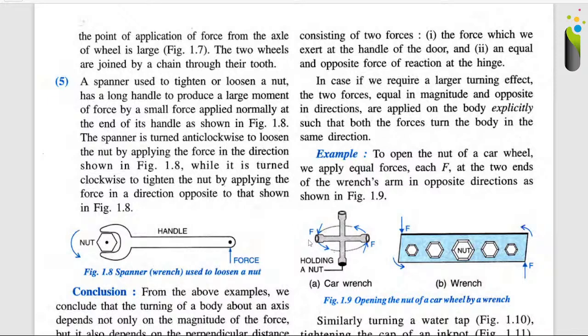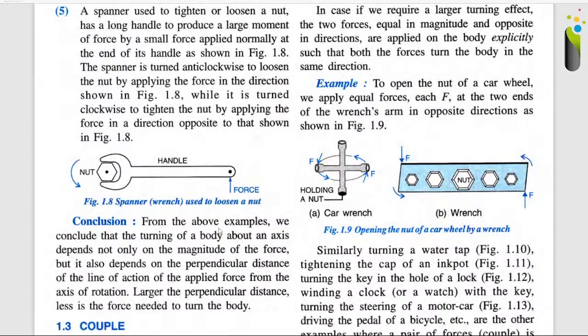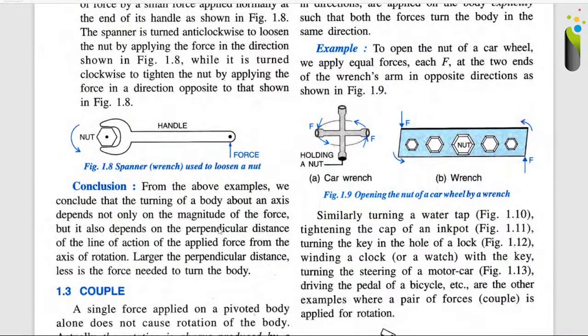In case we require a larger turning effect, two forces equal in magnitude and opposite in direction are applied on the body explicitly such that both forces turn the body in the same direction. For example, to open the nut of a car wheel, we apply equal forces, each F, at the two ends of the wrench in opposite directions as shown in the figure.